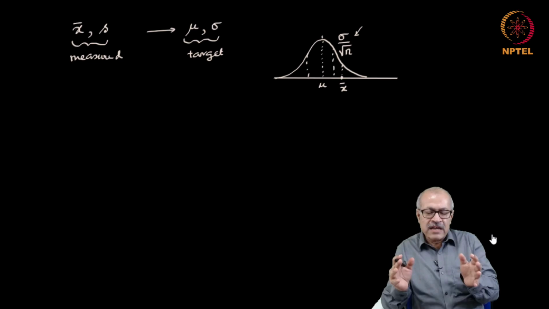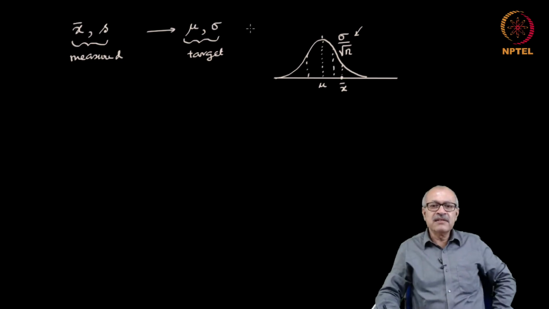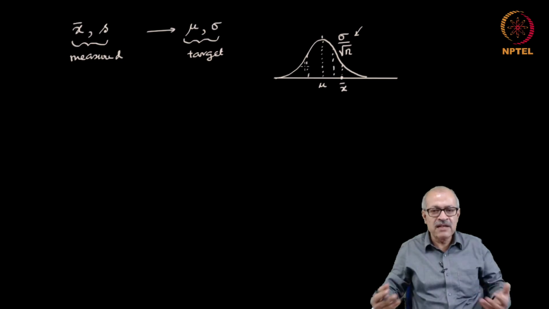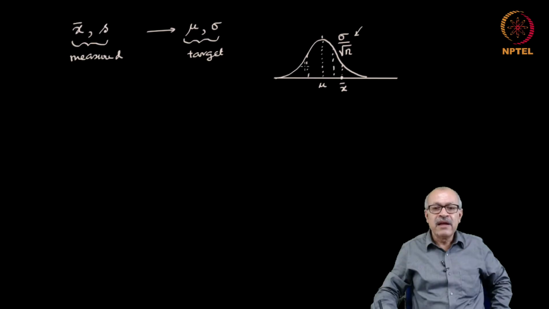Notice that everything hinges on the idea that in the distribution of the means, the standard error of the mean, or the standard deviation of this graph, is sigma by square root of n. And I have already told you that in the normal distribution curve, you can easily integrate the curve and find out how much area is contained within some specific limits.